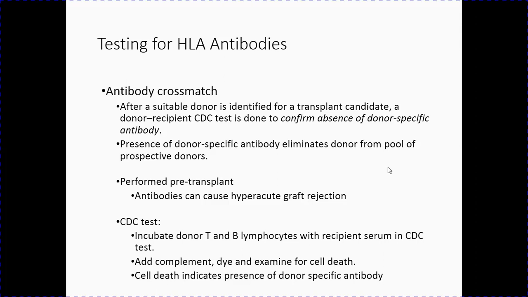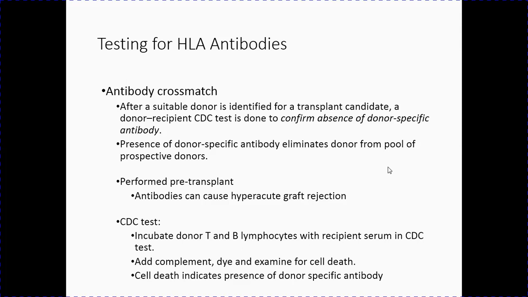If we see cell death, we know very specifically that the recipient has antibodies to that donor, to their HLA antigens, and we absolutely cannot transplant that. There's no amount of immunosuppressant drugs that are going to help maintain that graft for a long period of time.